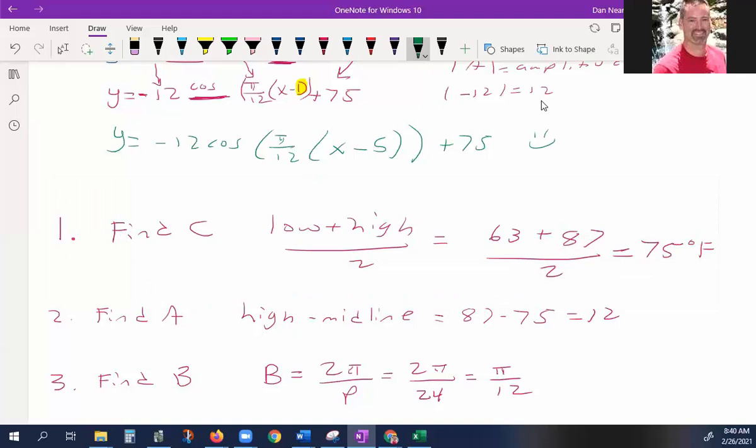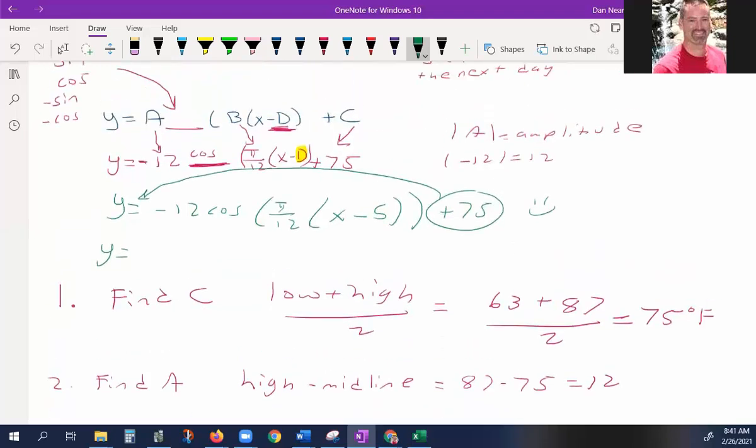Now, if you're doing this in our homework management system, you might notice that they tend to put the 75 to the left. So instead of having plus C at the end, they do C plus at the beginning. Because addition is commutative, you can do that. So you might see in our homework management system in the show answer, they put the 75 in front.